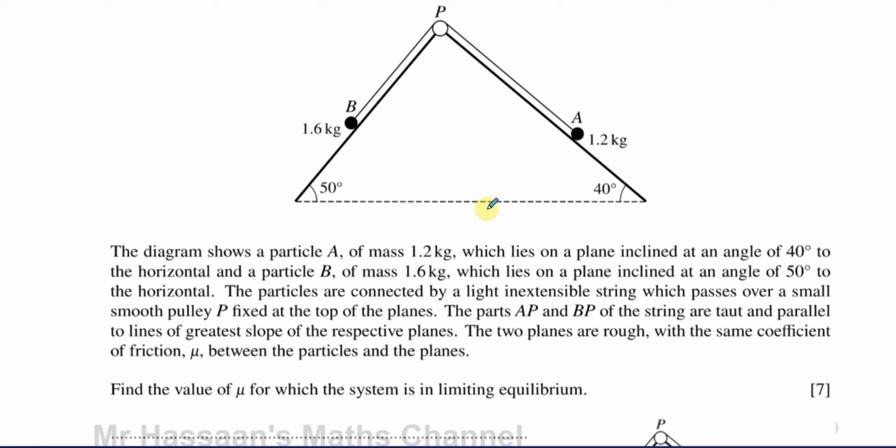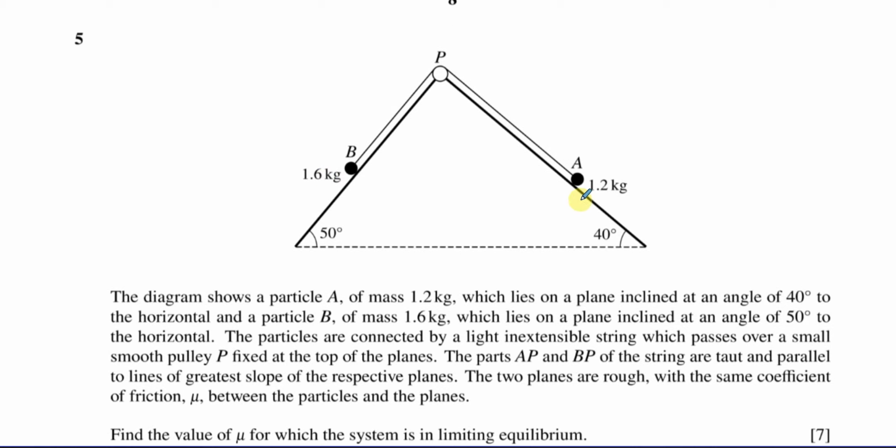Here we have a diagram showing a particle A of mass 1.2 kilograms, which lies on a plane inclined at an angle of 40 degrees to the horizontal, and a particle B of mass 1.6 kilograms, which lies on a plane inclined at an angle of 50 degrees to the horizontal. The particles are connected by a light inextensible string, which passes over a small smooth pulley P fixed at the top of the planes.